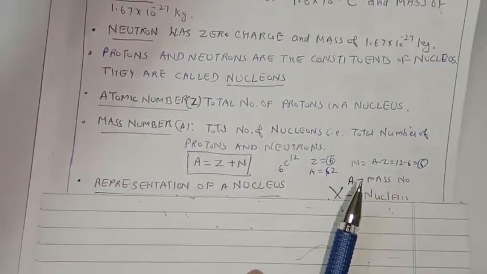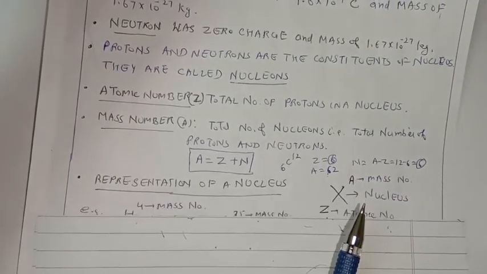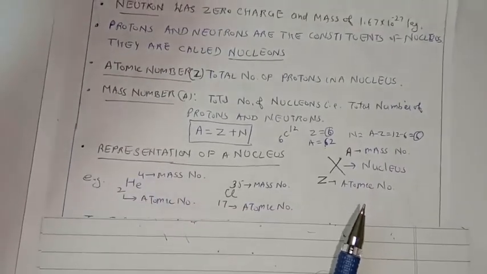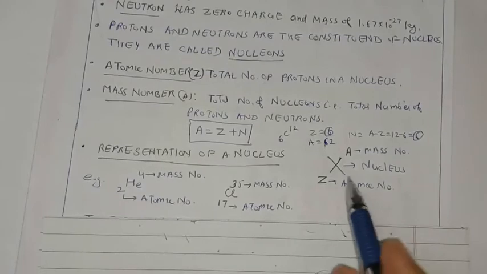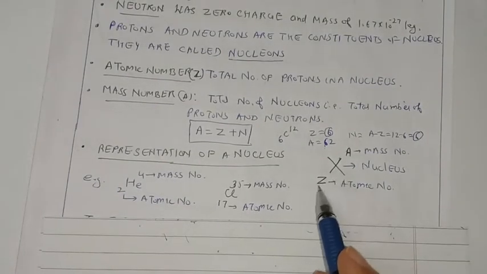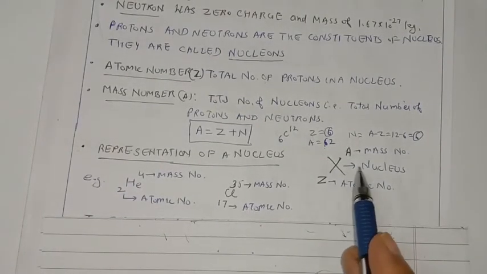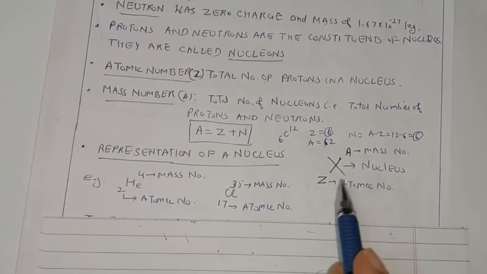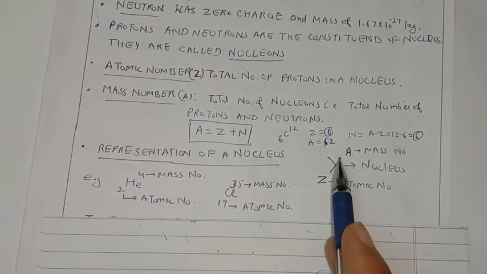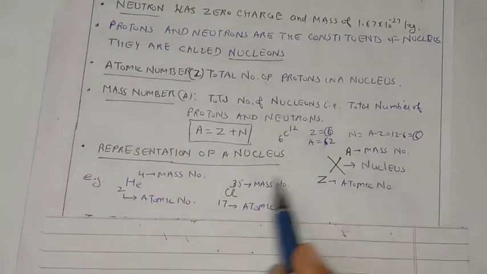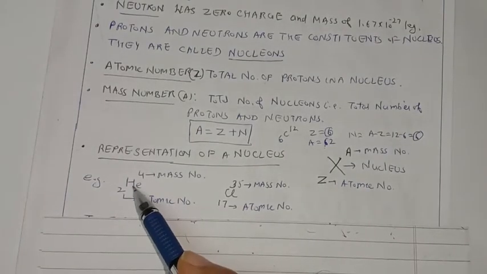Then, the representation of a nucleus. A nucleus is symbolically represented in the form X with Z and A, where X stands for the element, Z stands for the atomic number, and A stands for the mass number. I have two examples here. Helium, with atomic number 2 and mass number 4.